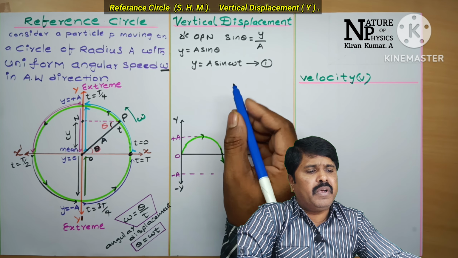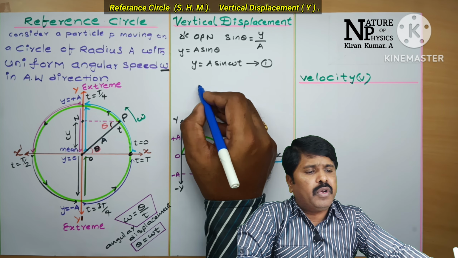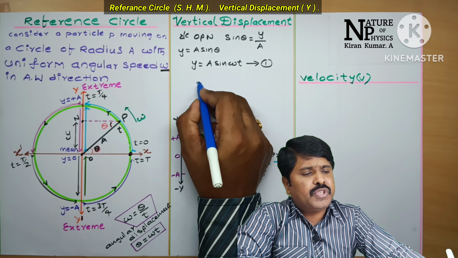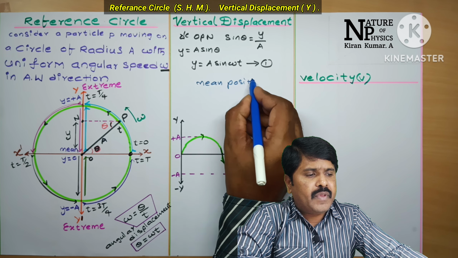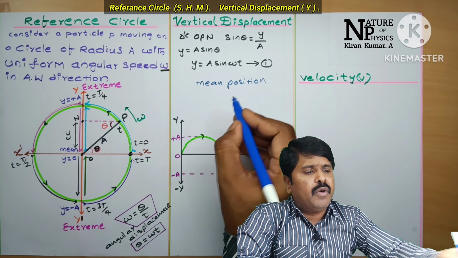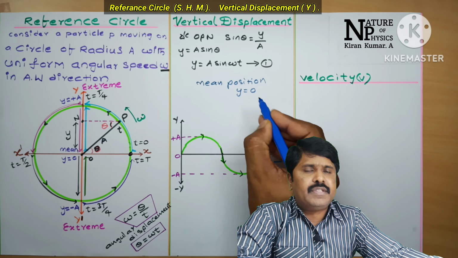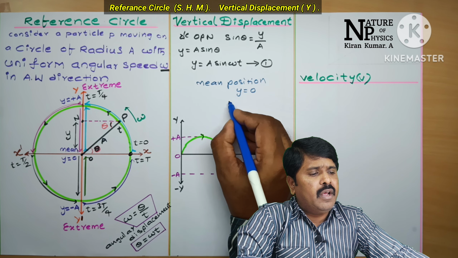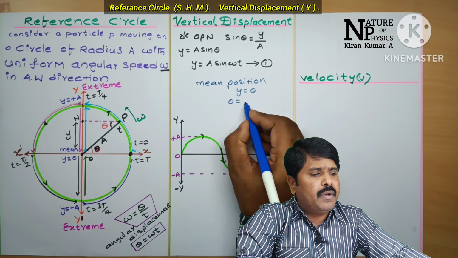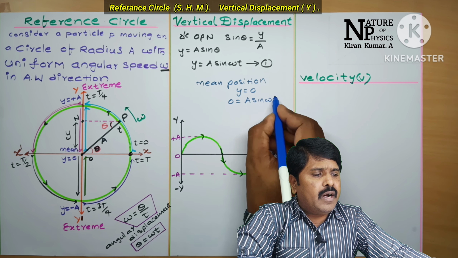Now, continuing the derivation, first I am going to write about the mean position. At the mean position y is equal to 0, so replacing, 0 is equal to a sin omega t.